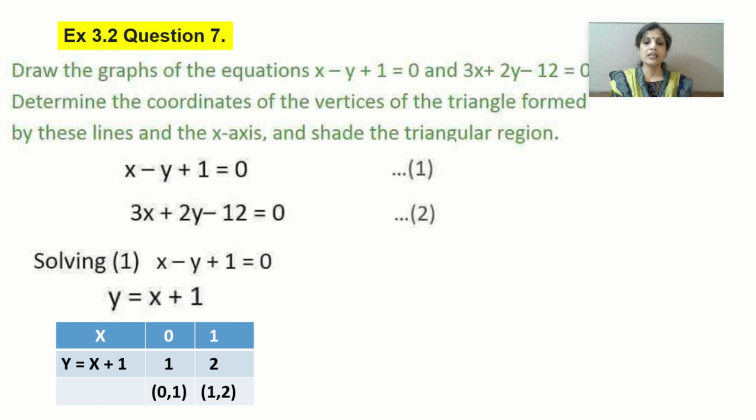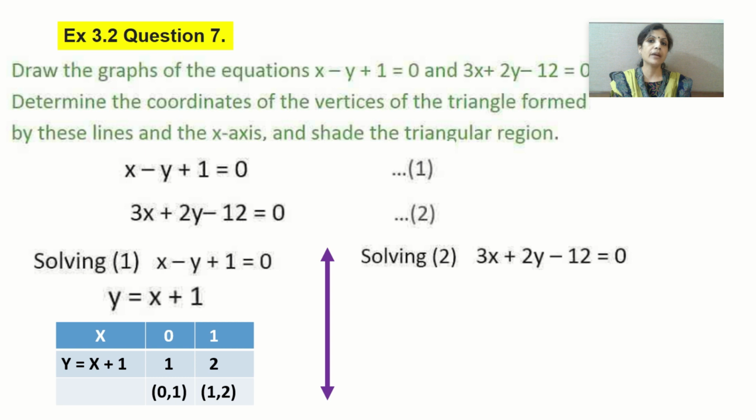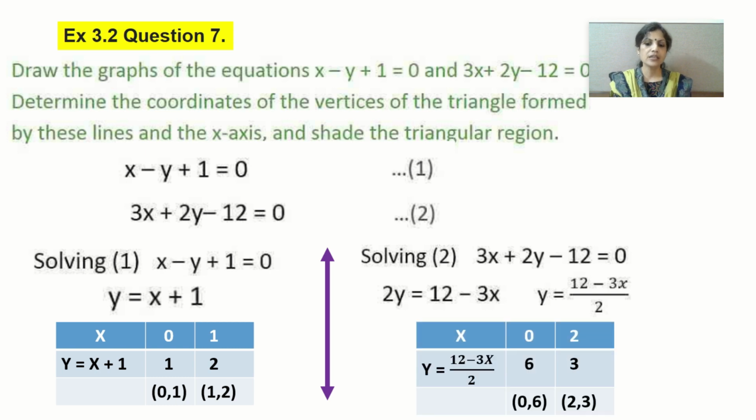Now considering the second equation, 3x plus 2y minus 12 is equal to 0. So we will write it like this: 2y is equal to 12 minus 3x, and so y is equal to 12 minus 3x upon 2. Let's make the table of x and y coordinates. Now here y is in fraction.